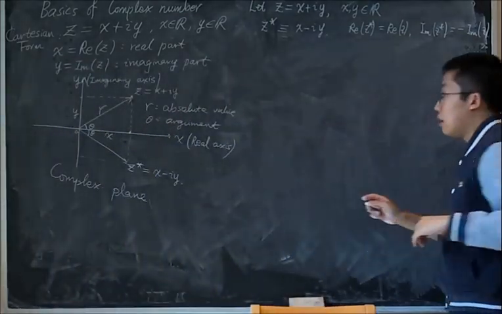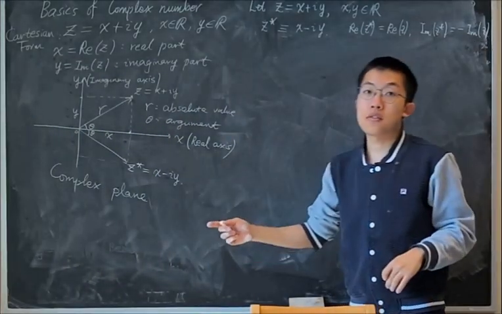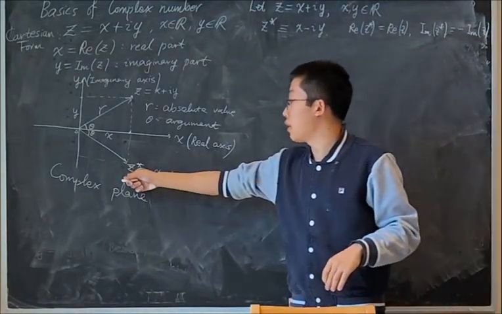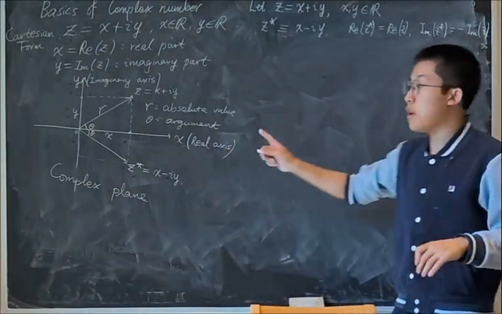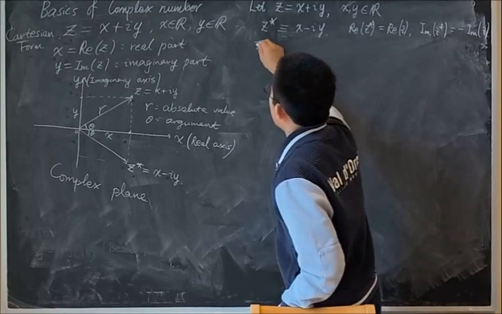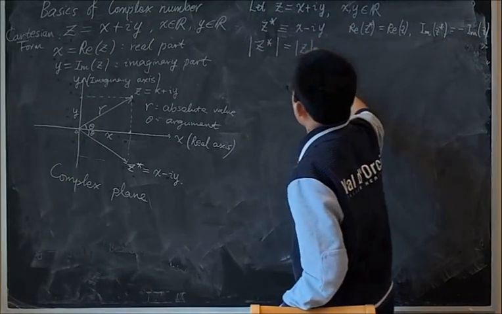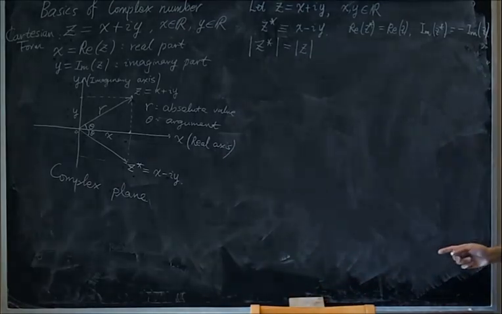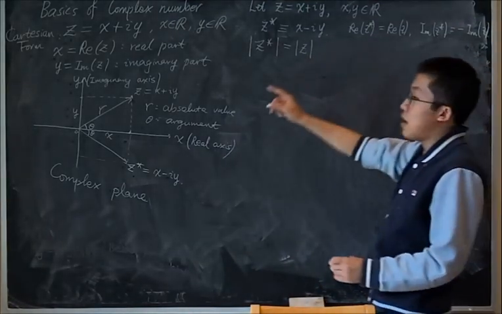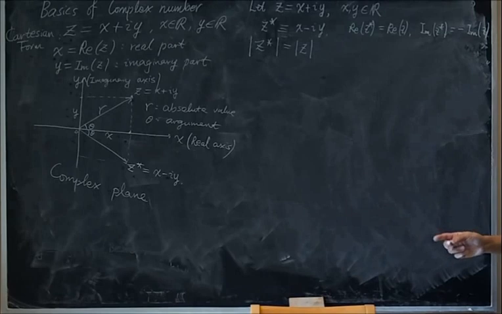So, let's think about a few properties of the complex conjugate. First of all, very obviously, z star star equals z. If you talk about absolute value, there you go. Because if you just flip the sign of y and then take the square, it's exactly the same, right?